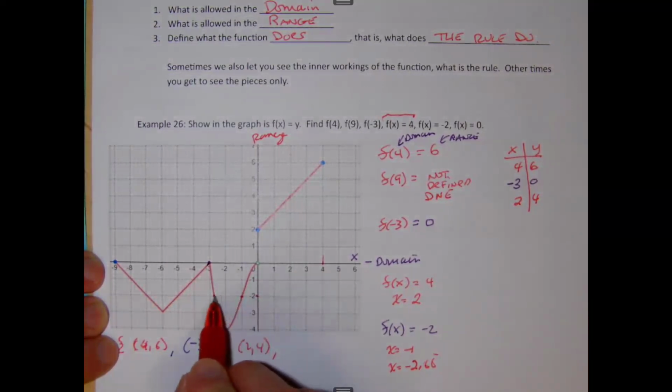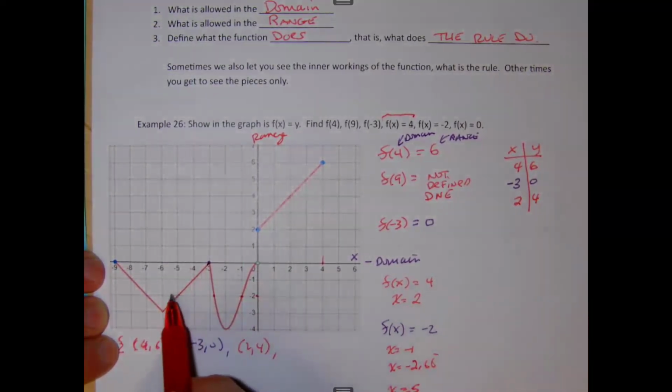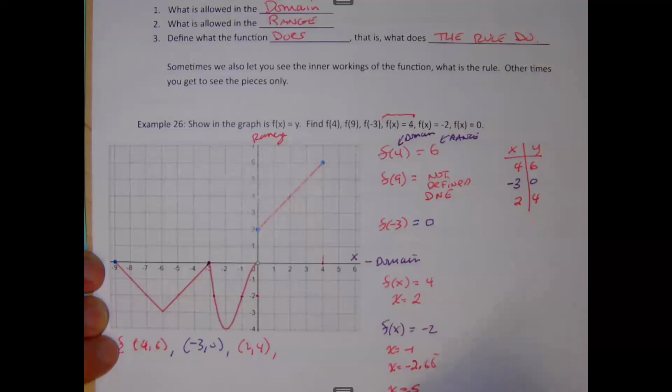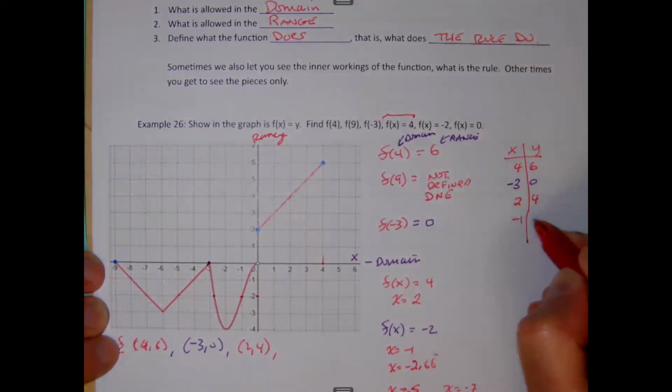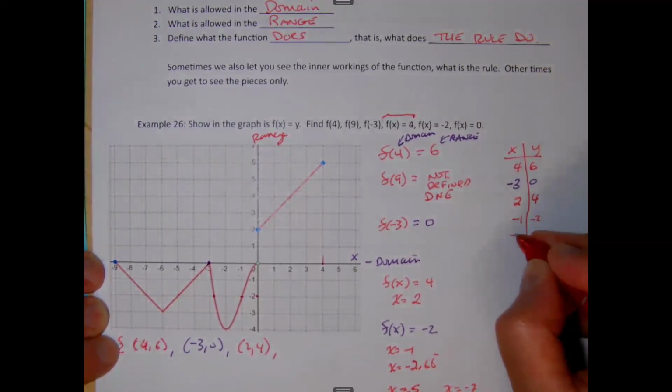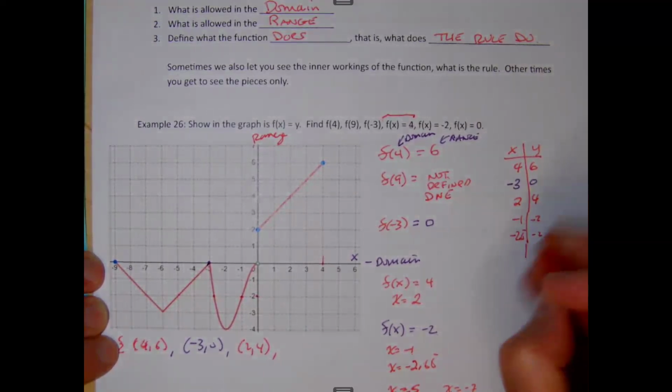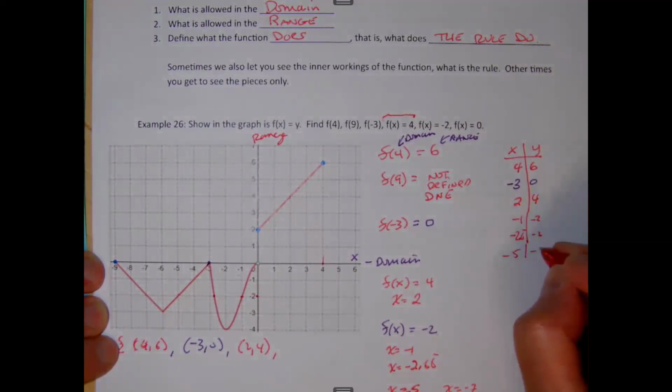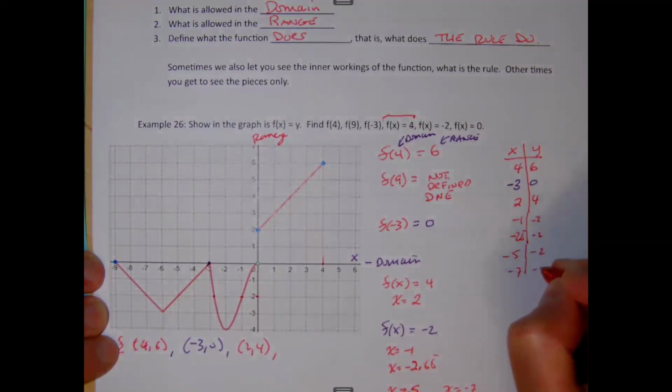But it's not even that. I continue and I see there's another value: x also equals negative 5. Oh, wait a minute, there's one more value: x equals negative 7. So negative 1 goes to negative 2, negative 2.666666 goes to negative 2, negative 5 goes to negative 2, and negative 7 goes to negative 2.